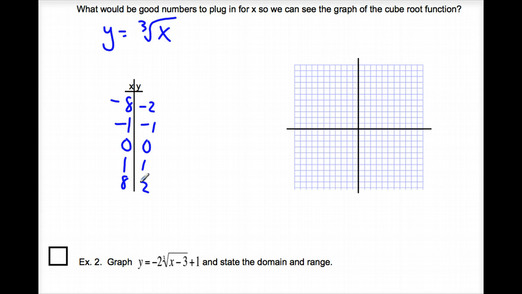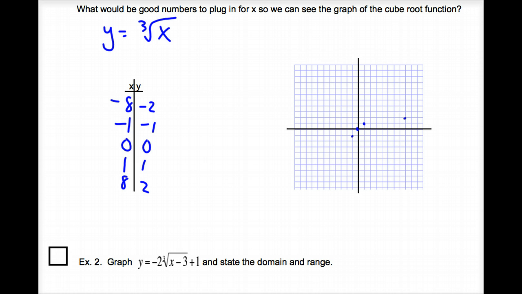We're going to graph our parent function over here. If I only did 3 points, -1, 0, and 1, notice they look like they're in a line, so that's not a good representation of the graph. When you plug in 8, you can say, oh, wait, it's not a line. It actually ends up curving there.